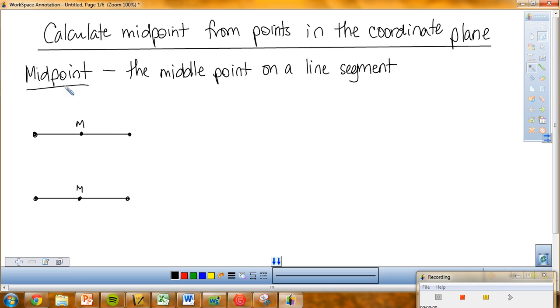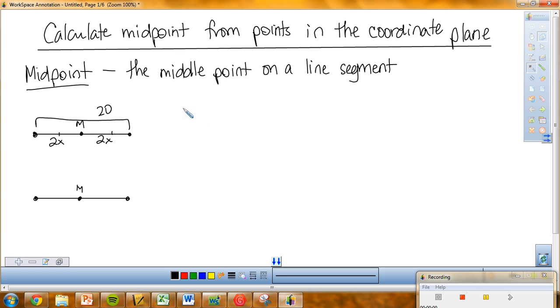The first one, we're saying, okay, well if M is the midpoint, then I can have a situation like this, where each piece is congruent, because I know that if this is the middle, then these have to be the same. So I have this piece, and I know the total.